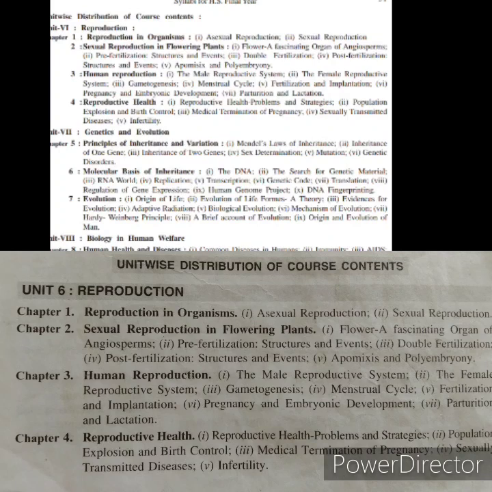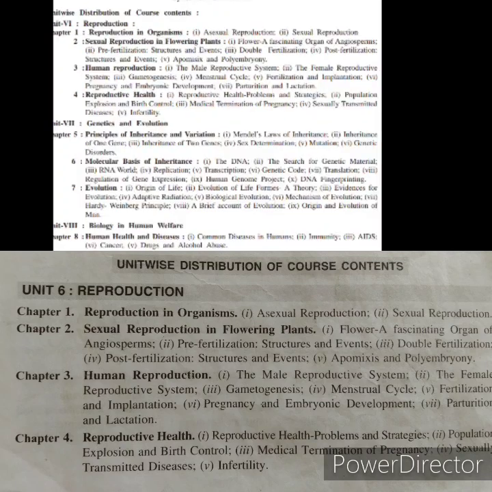Now move to the most complicated chapter of your botany part, that is sexual reproduction of flowering plants. In the beginning, I want to tell you that it is a confusing chapter for you.